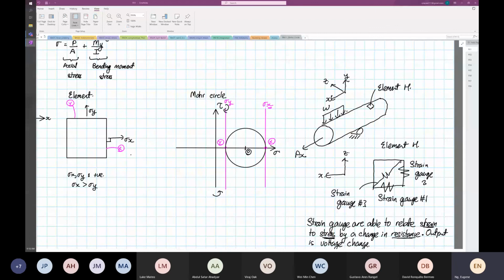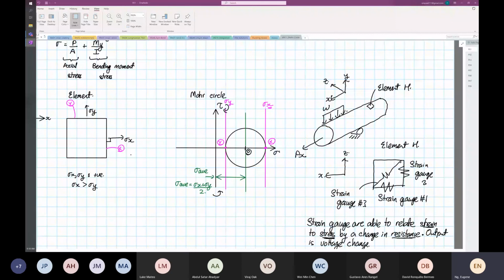This is the center axis, and I'm going to introduce a term now. The distance from the 0 line to here is known as our stress average line, where the stress average is equal to stress X plus stress Y, divided by 2.